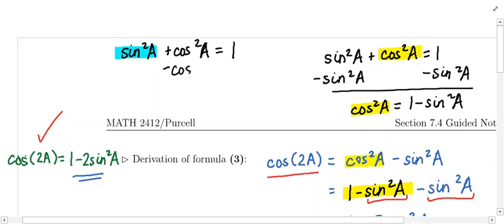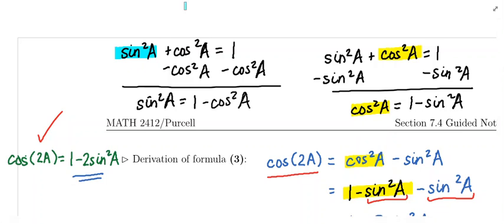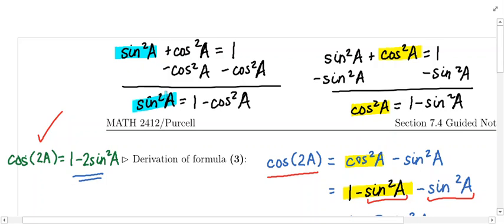I'm going to subtract cosine squared of a from both sides, and I'm going to get that the sine squared of a is equal to 1 minus the cosine squared of a. So I can go down to the equation where I'm doing my derivation, and wherever I see a sine squared of a, I'm going to replace it with 1 minus the cosine squared of a.